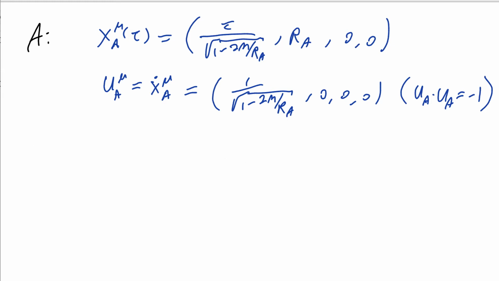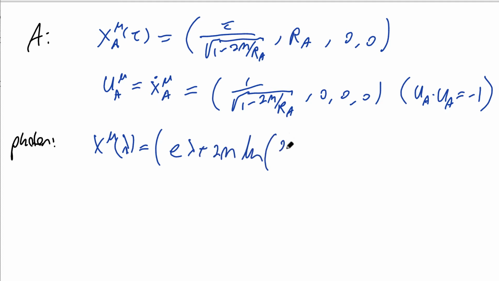And now for the photon, I'll remind you that the photon world line is given by x mu of lambda, which is equal to E lambda plus 2m times log of (2m minus r naught minus E lambda) divided by (2m minus r naught).